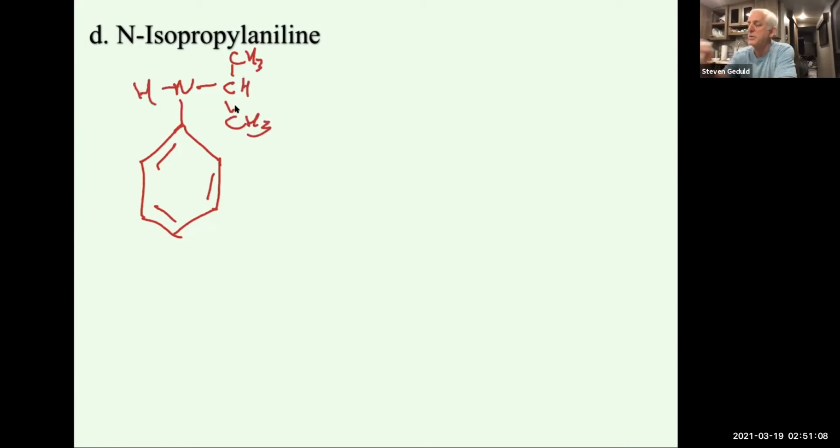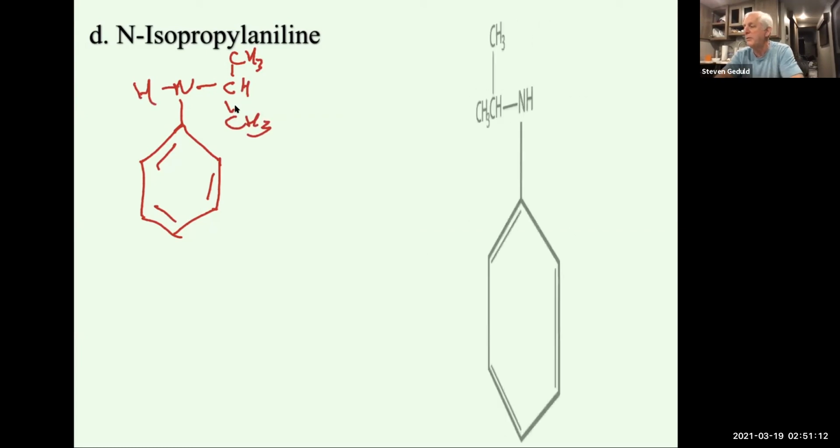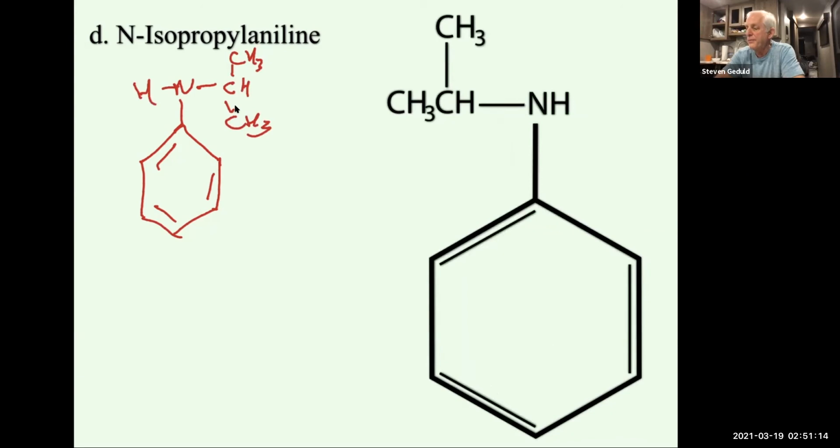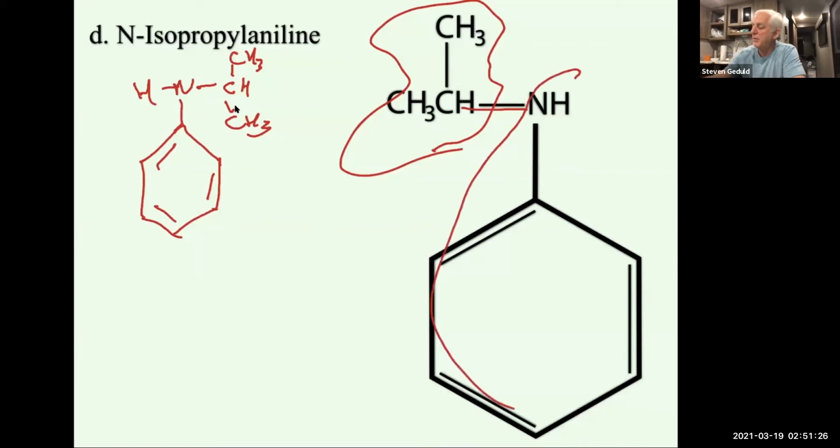And the other is hydrogen. So N-isopropyl aniline. Okay. Again, here's your isopropyl group. Bonded to the middle carbon of propane. And this is aniline. This is aminobenzene.